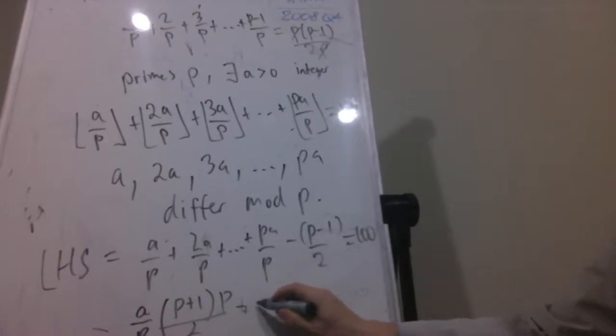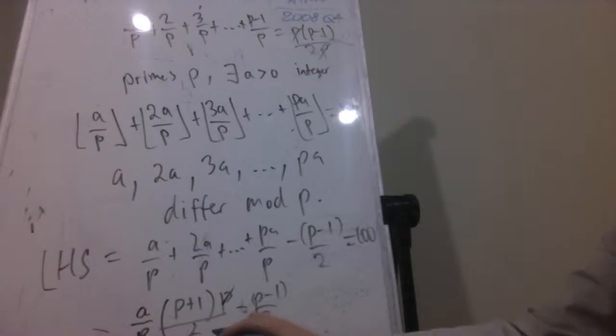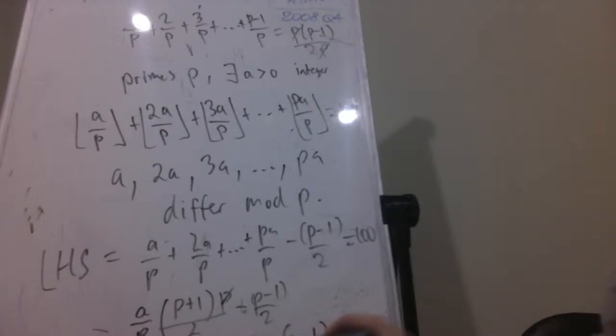Well, it's just 8 times 50. So you can cancel the p's, and then you can cancel the 2's if you make it equal to 200, right? So it's a times p plus 1, minus p minus 1, equals 200.